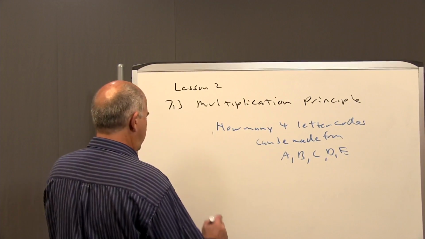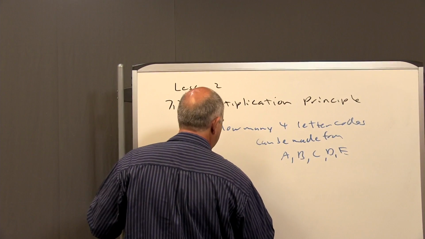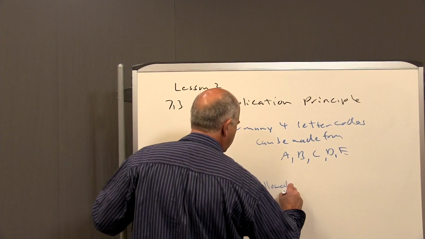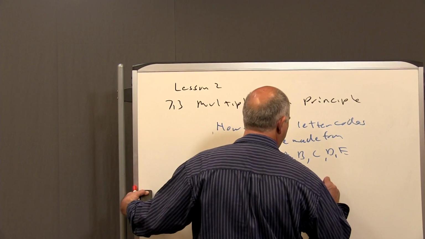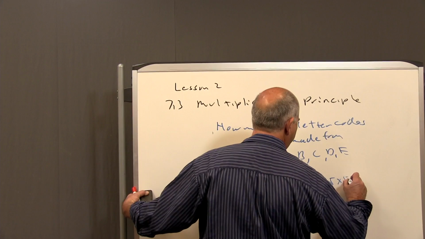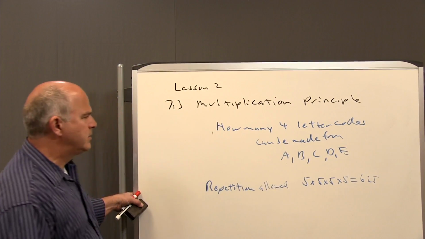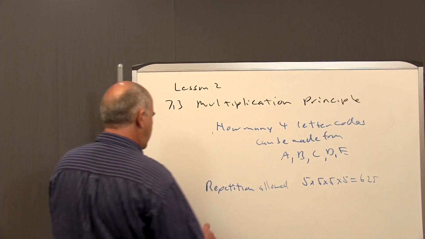Okay, so if repetition is allowed, that's one question. And when repetition is allowed, you have 5 choices for the first one, 5 choices for the second one, 5 choices for the third one, and 5 choices for the fourth one. That's 625, right? 625 different codes if you're allowing repetition, right?